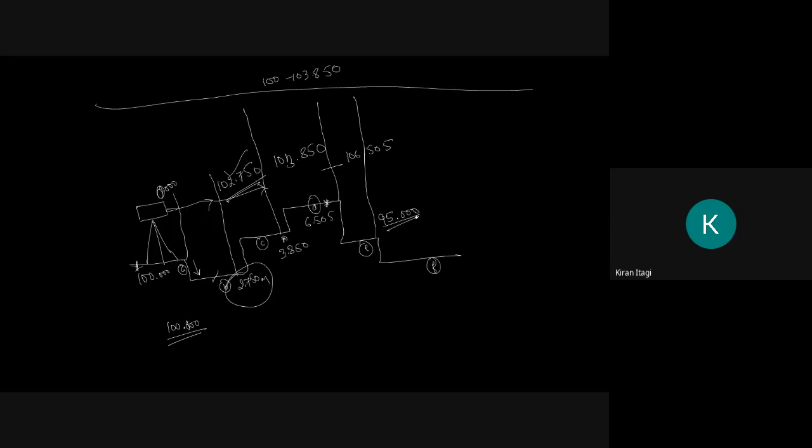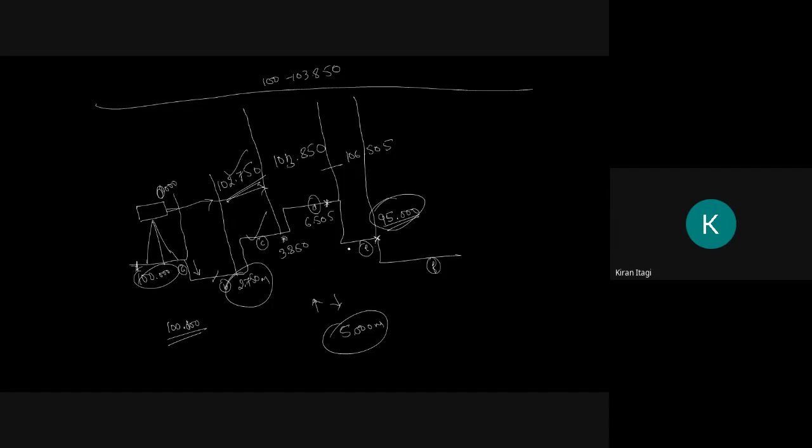Now, when I kept my staff here, after doing all the corrections, I have got the RL, the reduced level, at this point. How much have I got? 95. Then what is the height with respect to the benchmark at station E? It is 5 meter. We will see whether it is rise or fall. If you are getting positive, it is a rise.